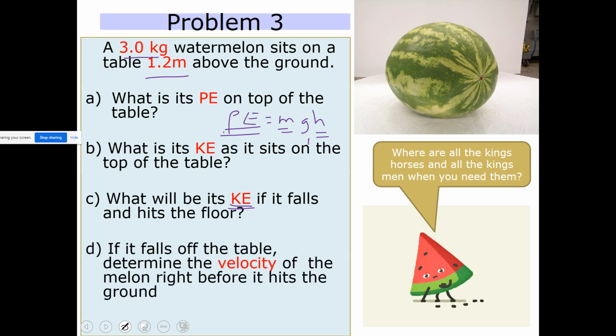And then let's see, if it falls off the table, determine the velocity of the melon right before it hits the ground. Now here we have 2 choices. You can use your velocity is equal to the square root of your kinetic energy over m, because hopefully you calculated the kinetic energy in A and you have an m up here.